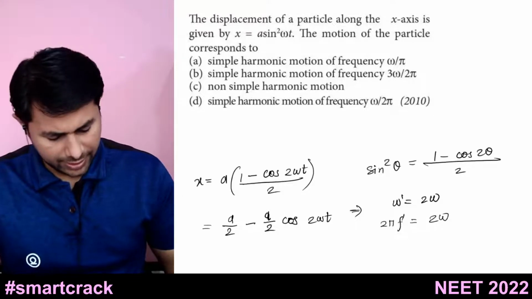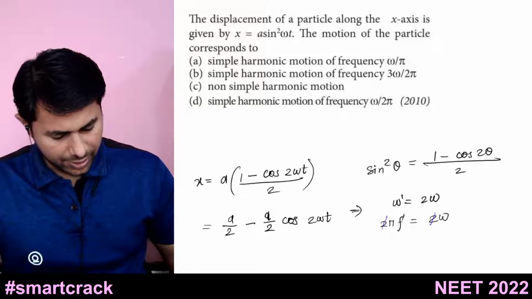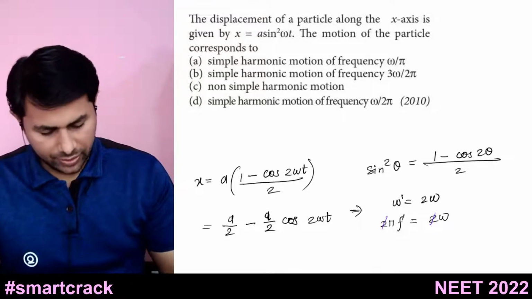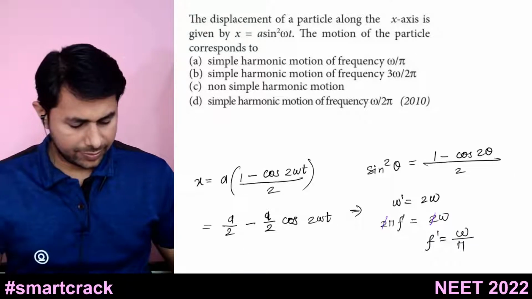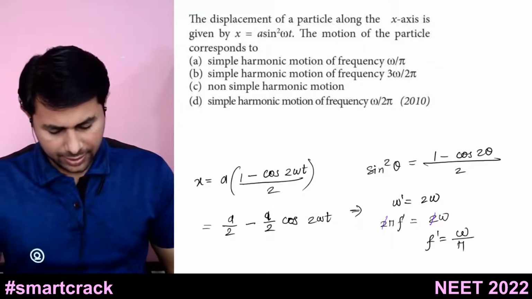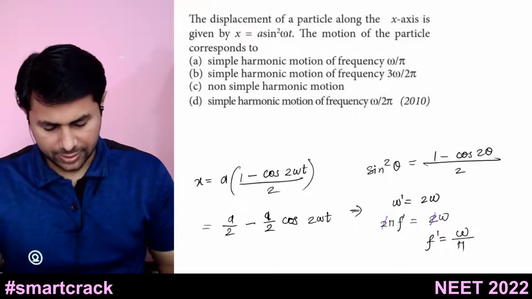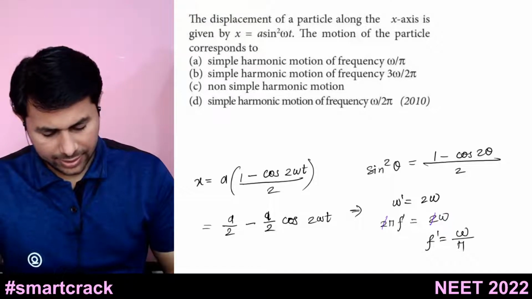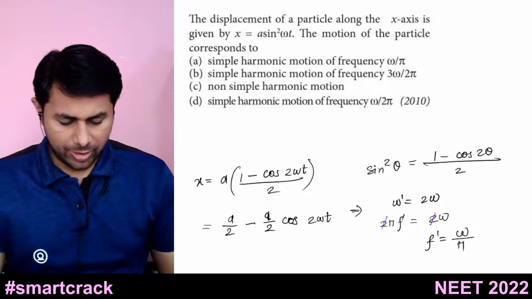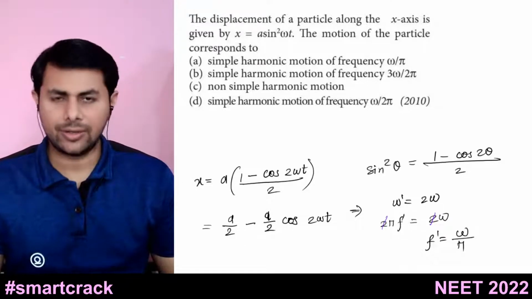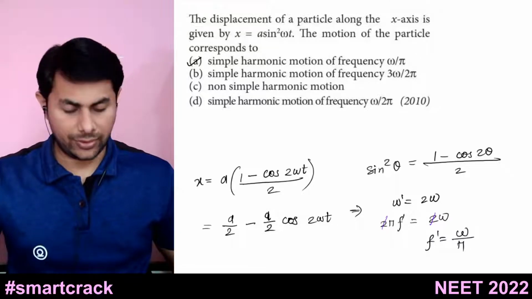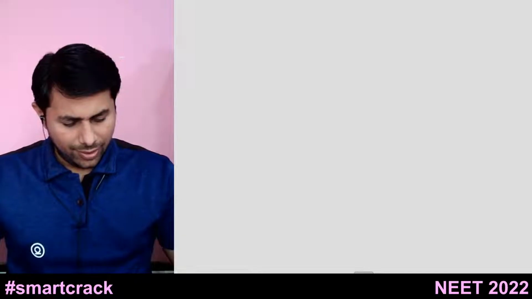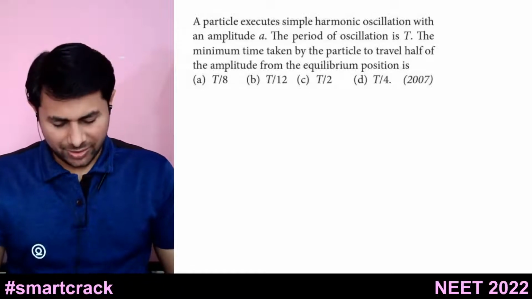Cancel out the 2 and 2, and take pi on the other side. So you get f dash equals omega upon pi, and that's option A. So the answer is simple harmonic motion of frequency omega divided by pi. This is the answer, option A. Is it clear? All right, let's move on to the next problem.